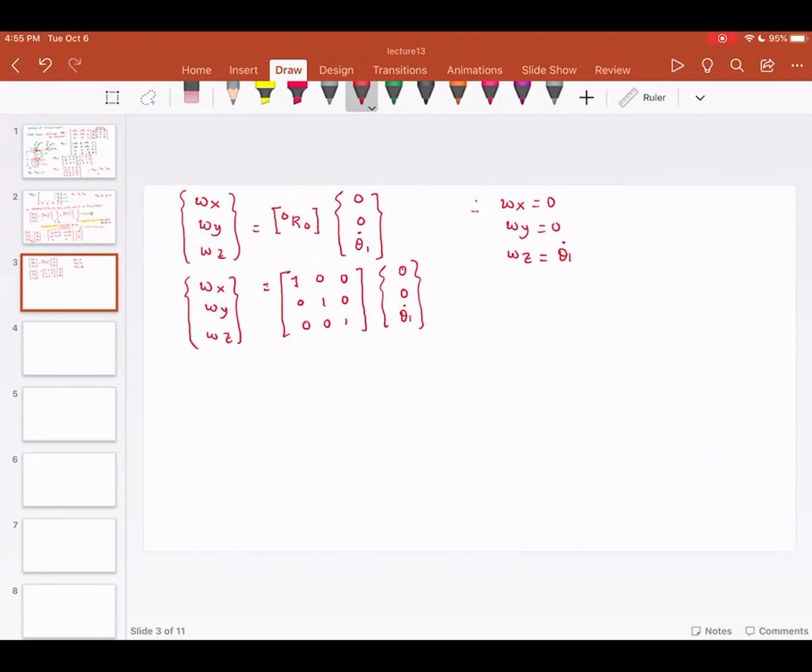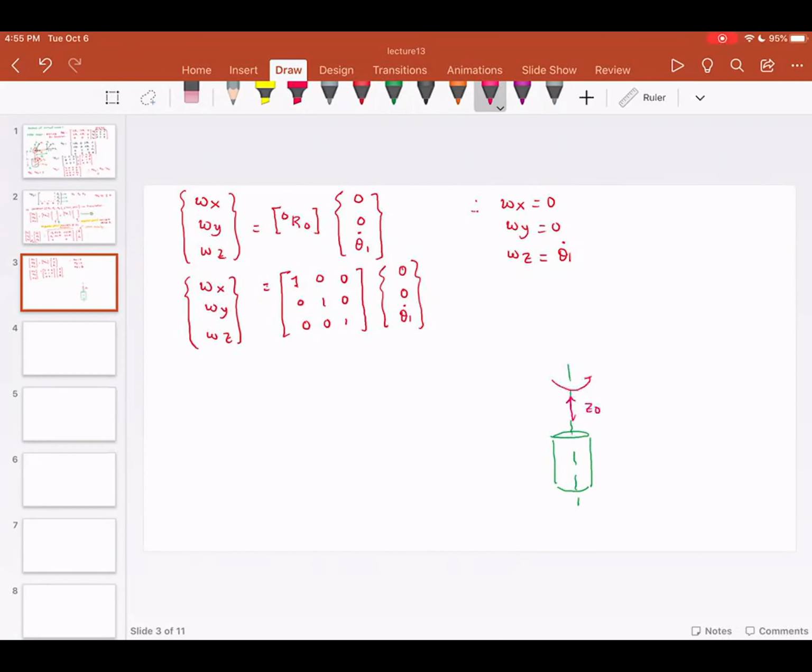Now, what does this mean? This is the reason why we took this simple problem: I want you to look at the physical configuration of the robot. The only rotation that is possible is about the z naught axis.